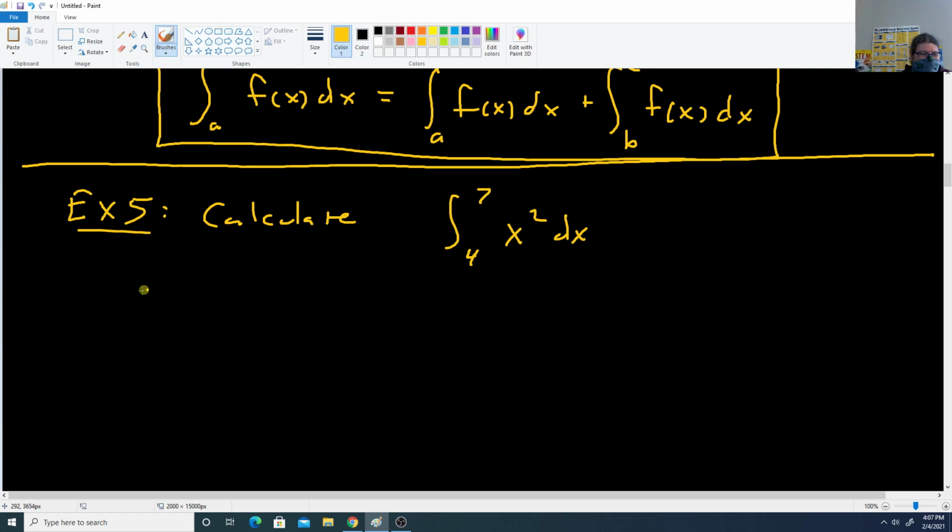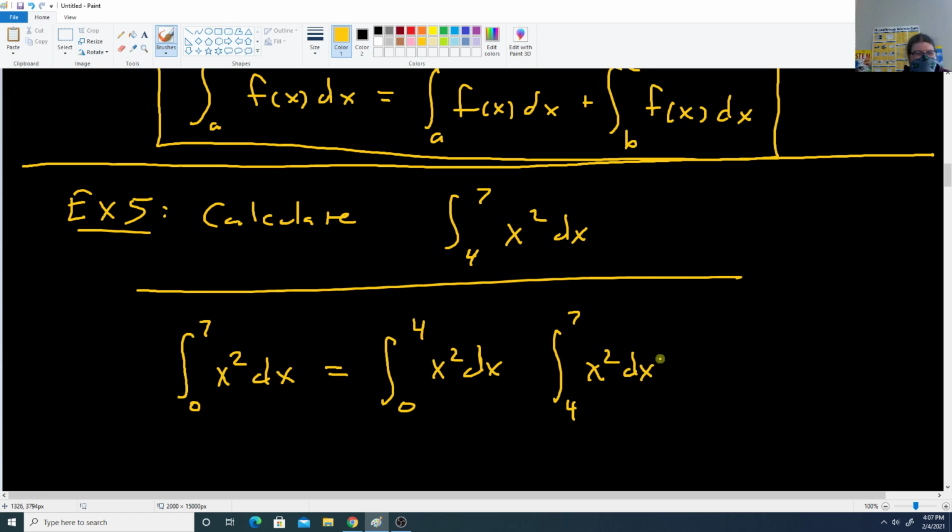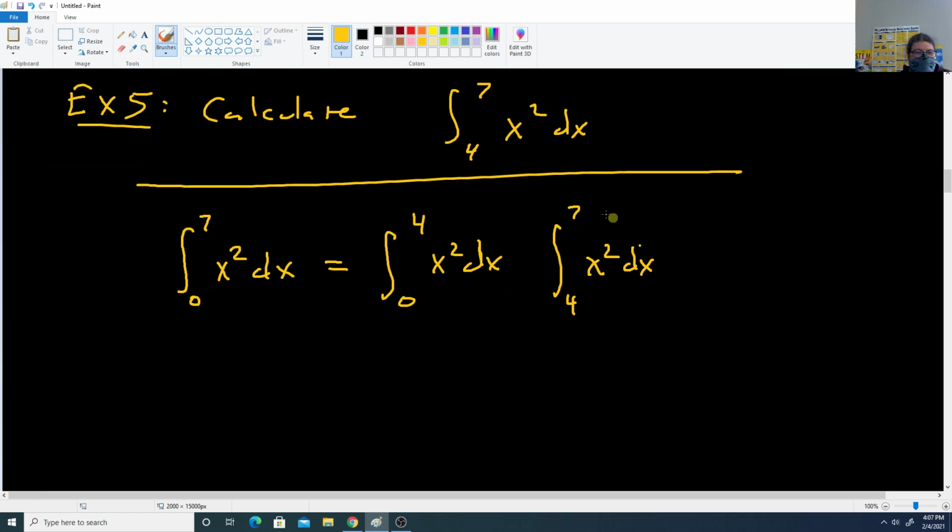So what we're going to do is talk about the integral from 0 to 7 so we could use that equation. I could break that integral 0 to 7 up into the integral 0 to 4 of x squared dx, and then the rest of it would be the integral 4 up to 7 of x squared dx.